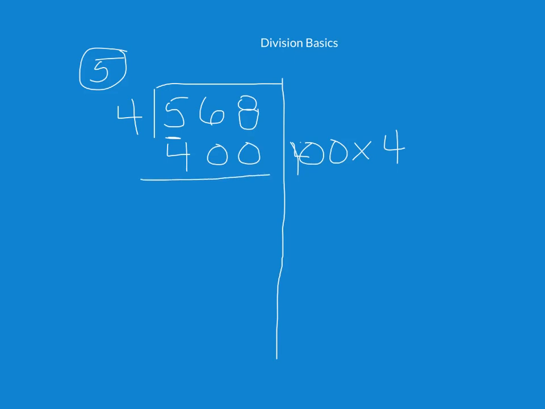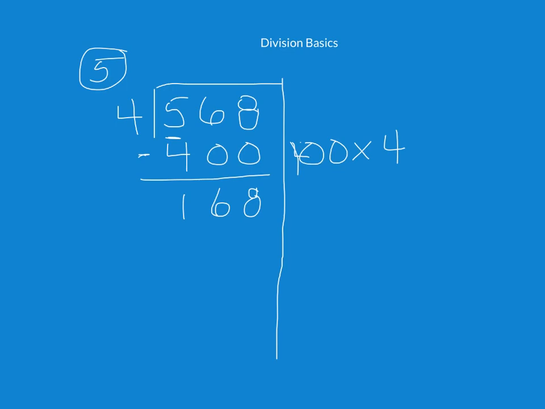So now I have taken 400 out of my whole, and I've put it into groups of 4, and I need to find out what do I have left. So 8 minus 0 is 8. 6 tens minus 0 tens is 6 tens, and 500 minus 400 is 100. So I have 168 to still put into groups of 4.